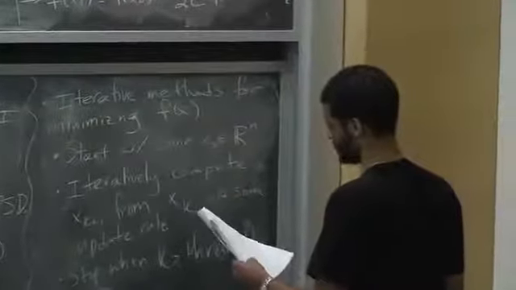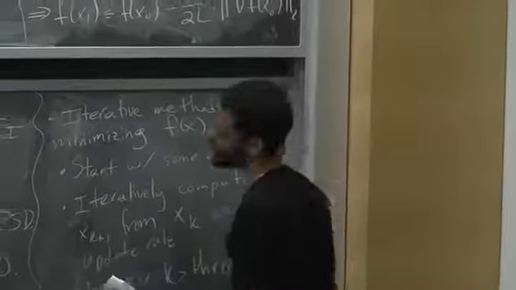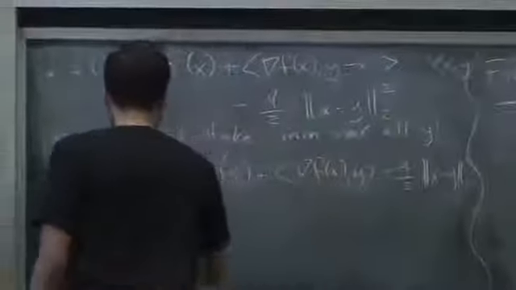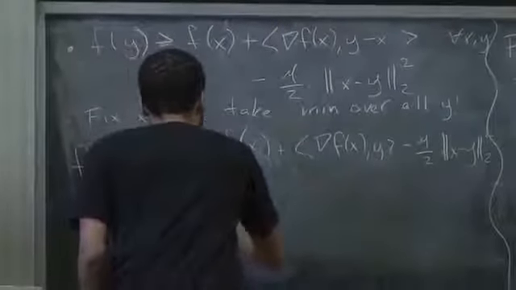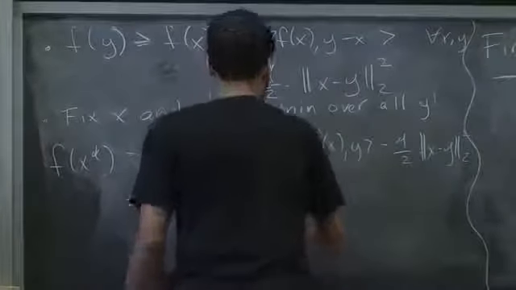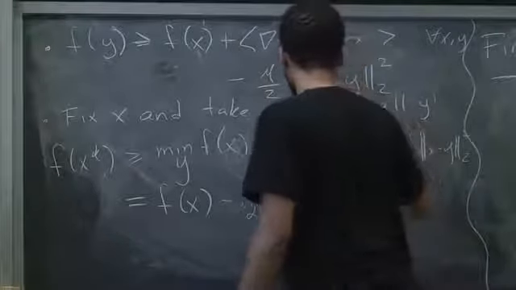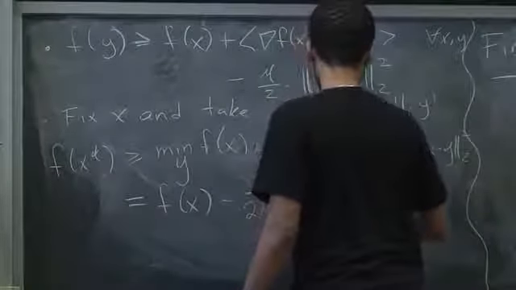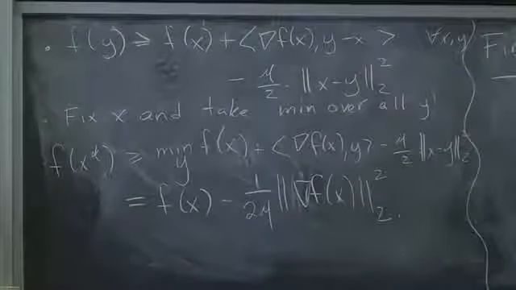Oh, okay, well, I didn't have to recalculate it. But you can show that when it's minimized, it equals f of x minus 1 over 2 mu times the gradient of f of x, squared norm.